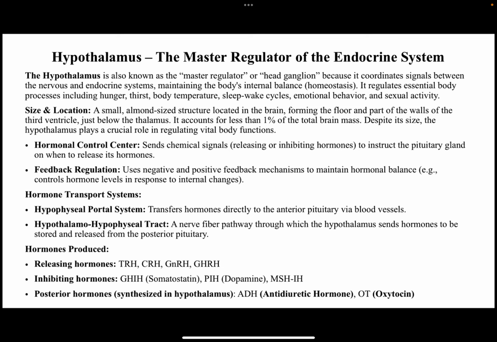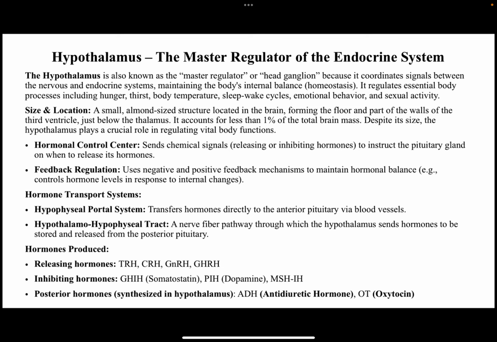It is through that transport system that the hypothalamus is able to release its hormones. In fact, it is that portal system, the hypophyseal portal system, that makes the hypothalamus an endocrine gland, because the hypophyseal portal system makes use of blood vessels.